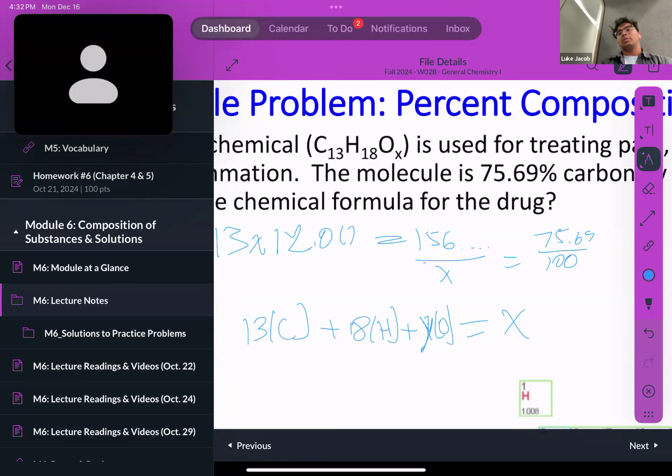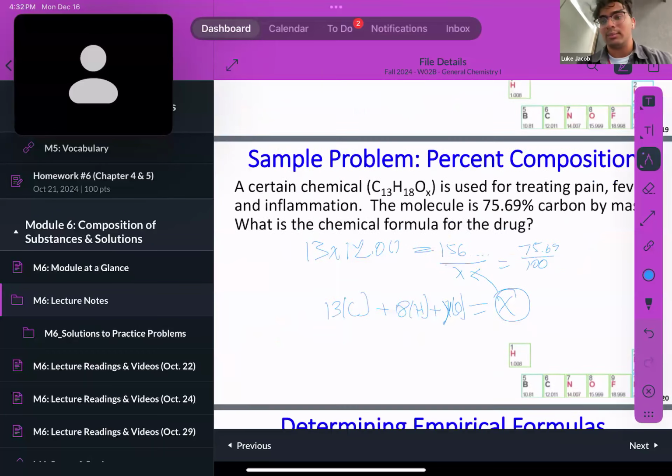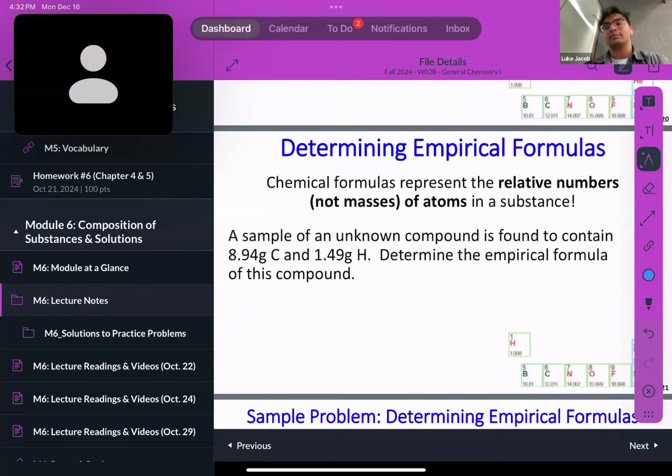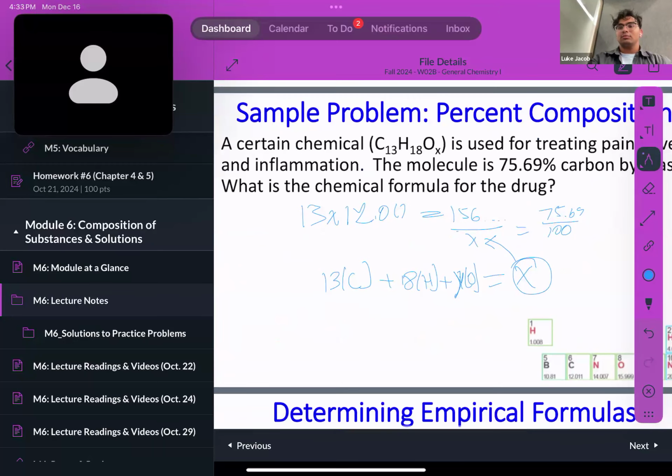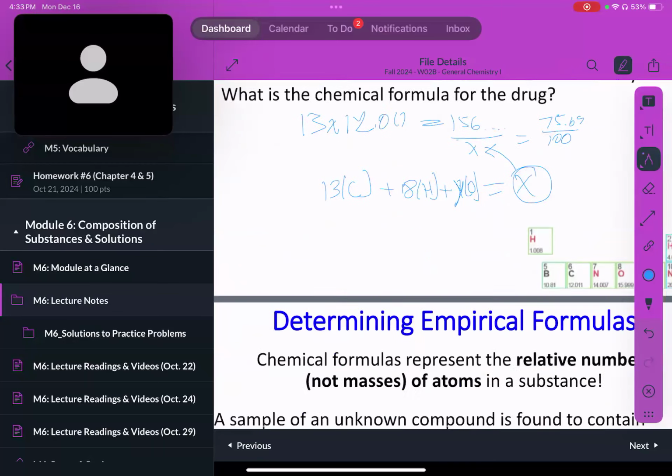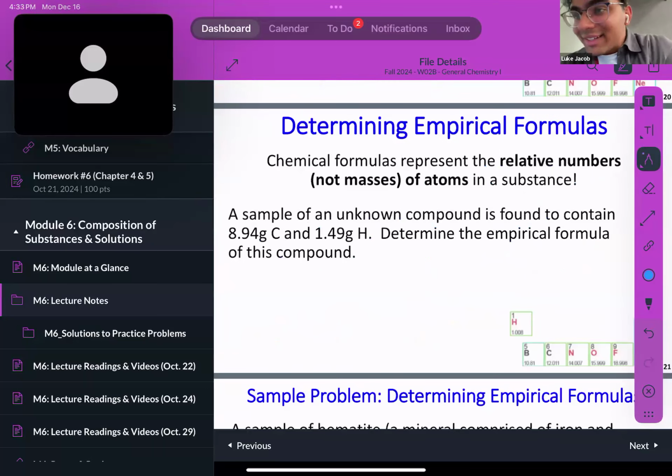We know the molar mass of oxygen, that's 15.99. We know all these variables. If we calculate this, you can solve for y and get the number of oxygen atoms in that molecule. Does anyone have questions about what I just did here? No? Okay, sounds good.